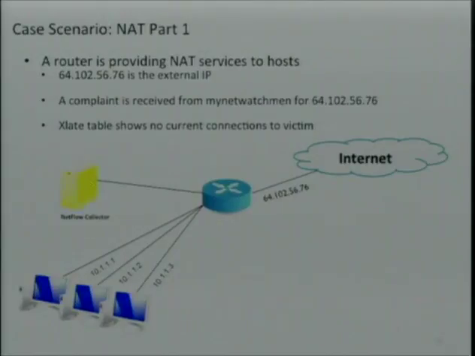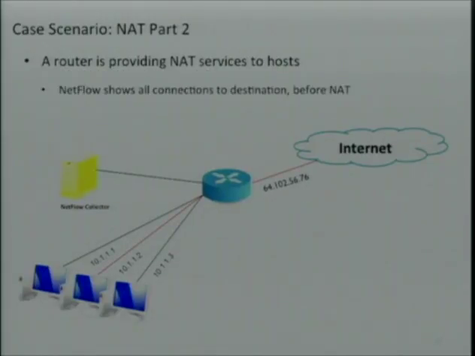You receive a complaint from an external organization claiming that one of your hosts coming from the external-facing IP is downloading some copyrighted material. And the xlate tables show no concurrent connections to the victims. NetFlow can show all the connections to the destination before NAT. This can help you mitigate the issue on the correct host and tie it down to the correct user as well.